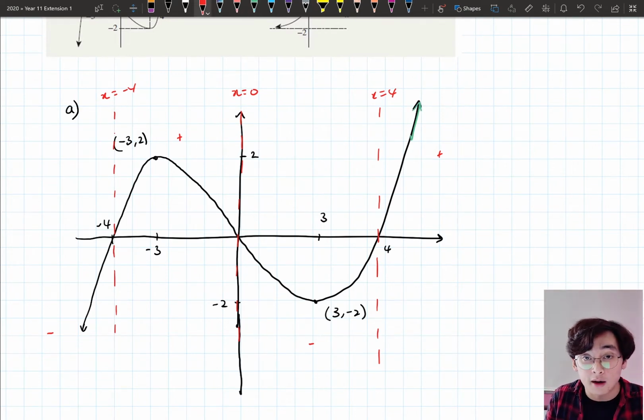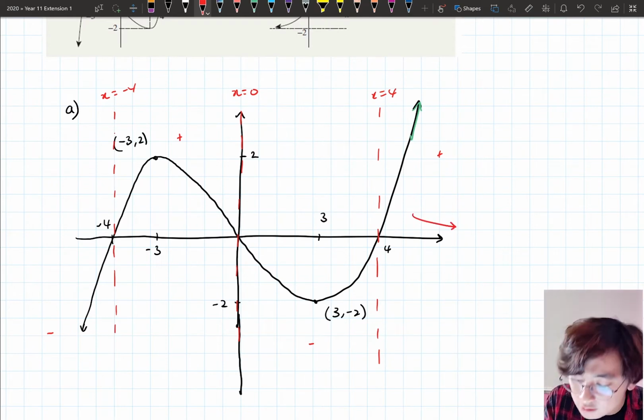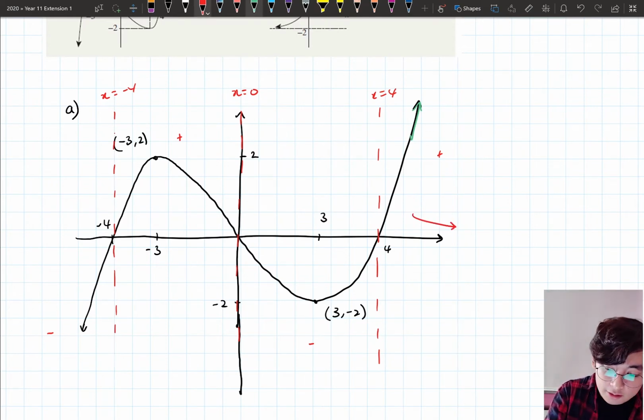So what that tells me is that in my reciprocal graph, it's going to go towards 0. And the same way, on this side, f of x is going to go towards negative infinity, and so our reciprocal graph is going to go towards 0 on that side.